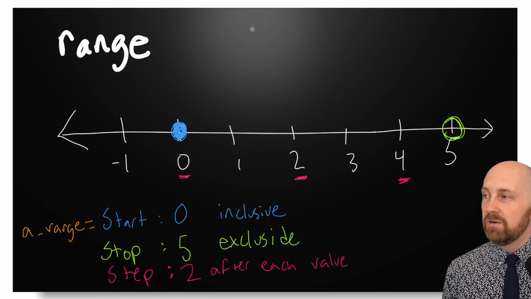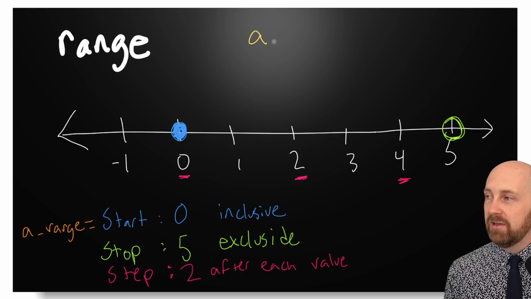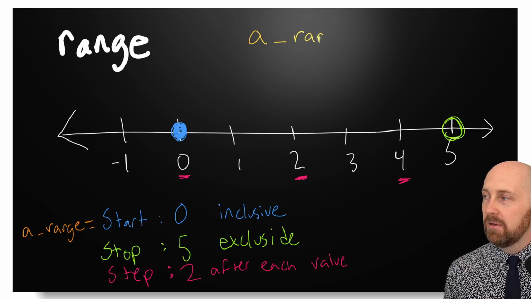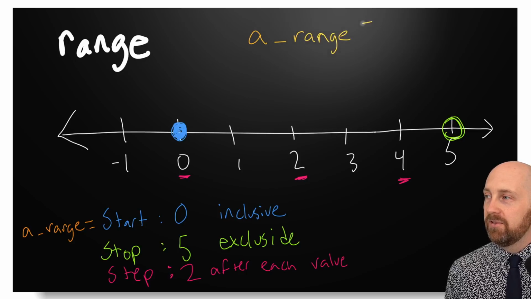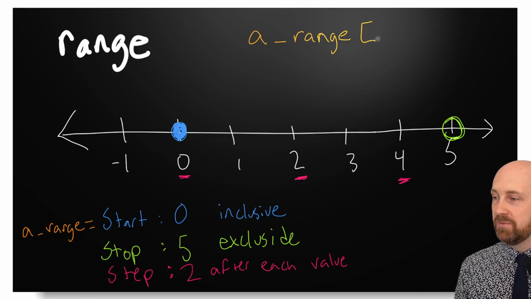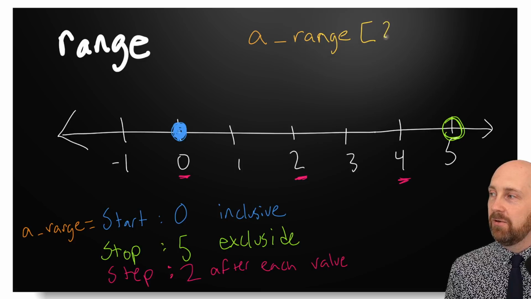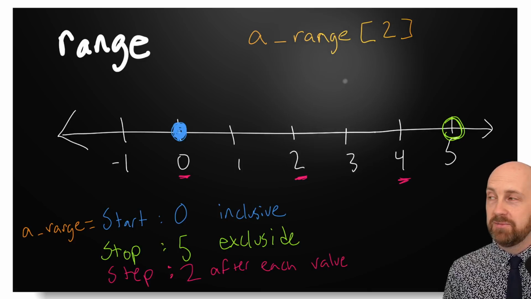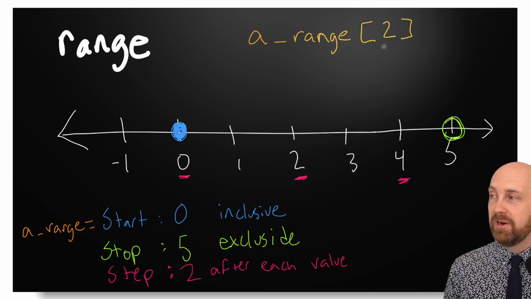So what we can do is we can say, okay, well, how would we calculate a range of, if we think of these as indices using the subscription notation, a range of index 2, right? So this would also start from 0, so this would be the third item in the range, or index 2.